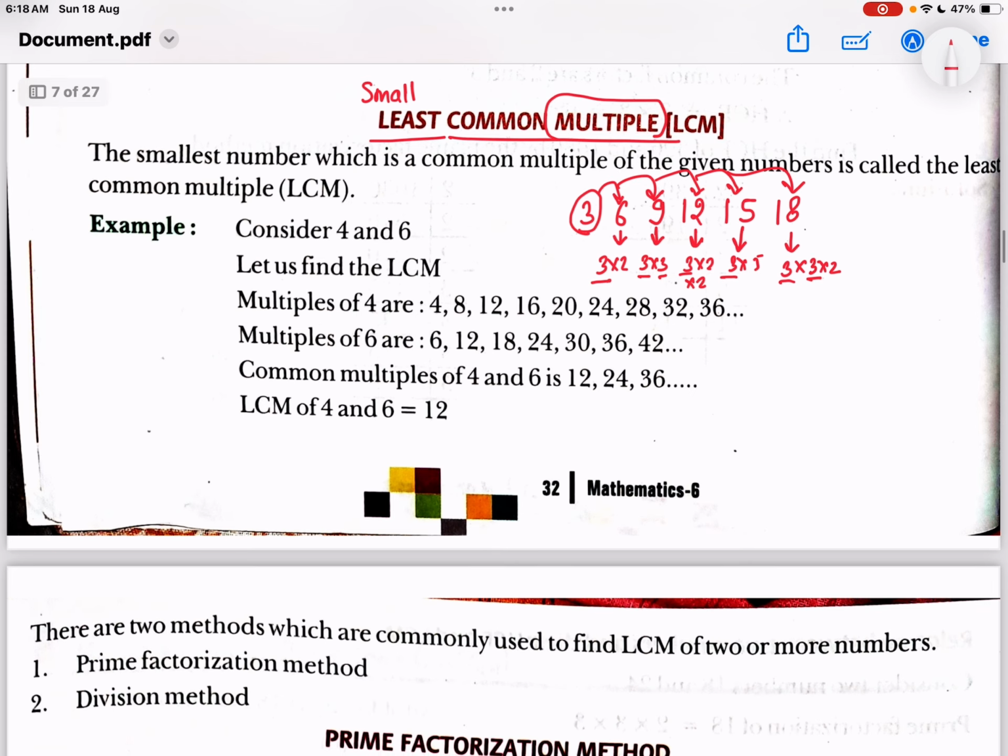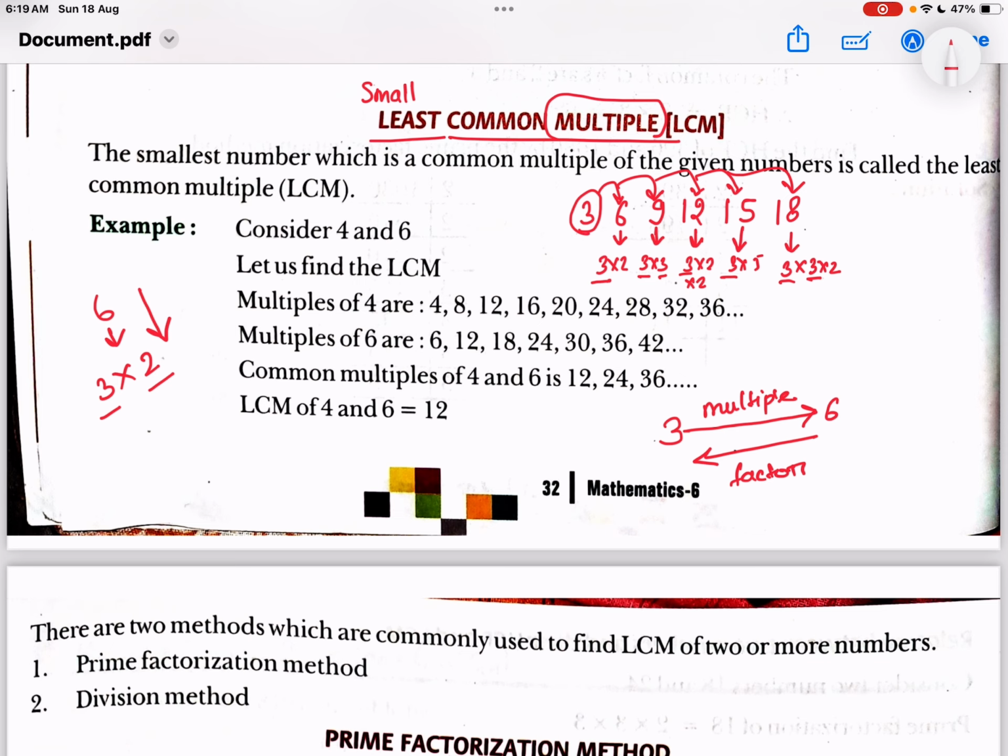So from 3 to 6, if we go, then it is a multiple. From 6 to 3, if we go, it is a factor. Means if a number is given and we write it like this, then 3 is a factor and 2 is a factor.